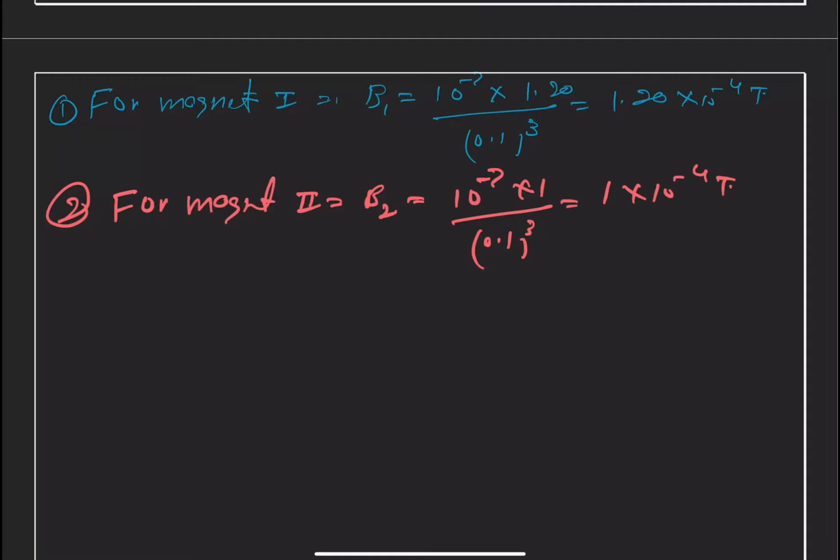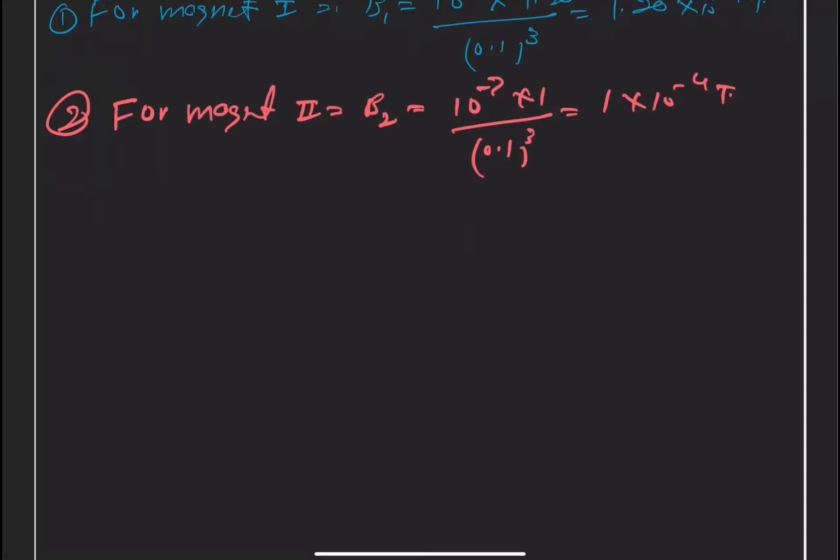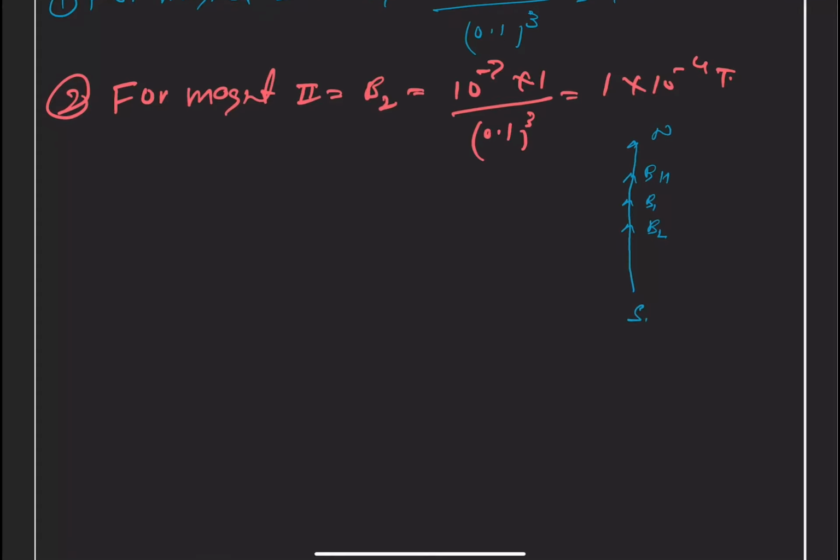And the direction: so we have our north, south, and this direction was for BH. This will be for B1 and also for B2. So they are all in the same direction. Therefore, all the fields will be towards the north.